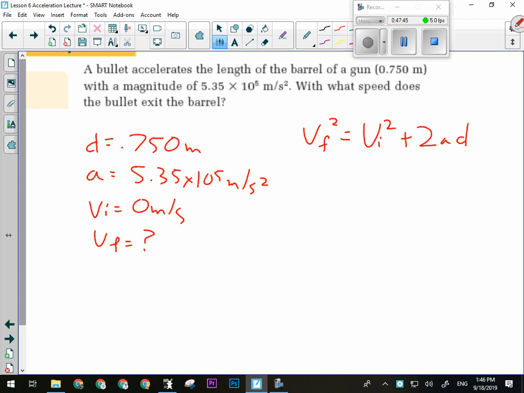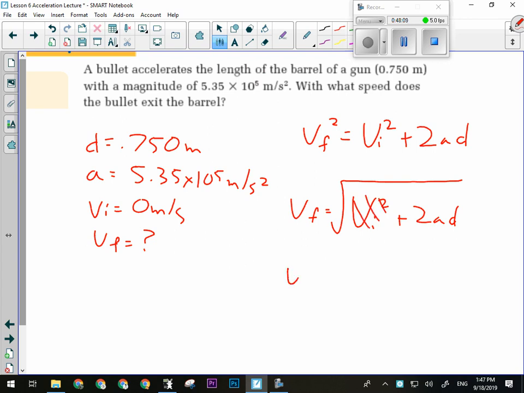So this is our last formula for acceleration. For this one, I really don't have to do any manipulating except that I don't want to find VF squared, I want to find just VF. So VF equals the square root of VI squared plus 2AD. Now VI in this case is 0, so that's kind of moot.